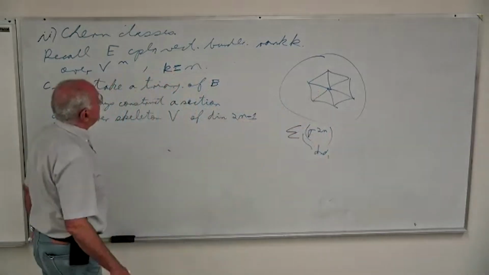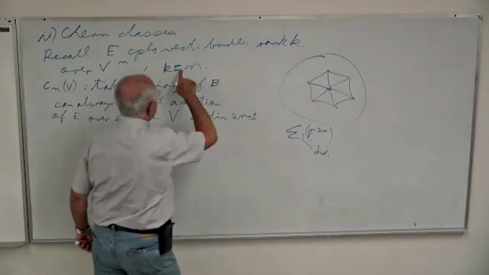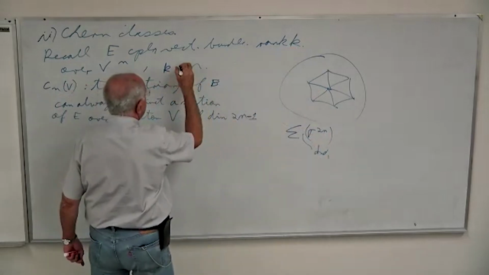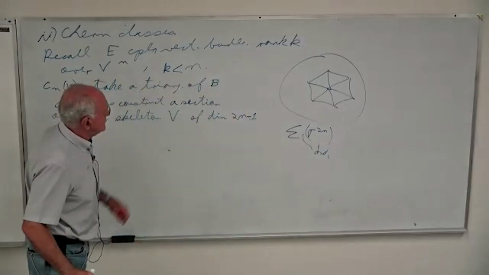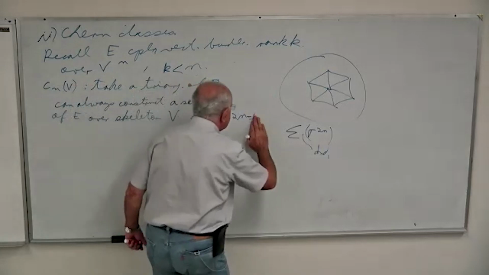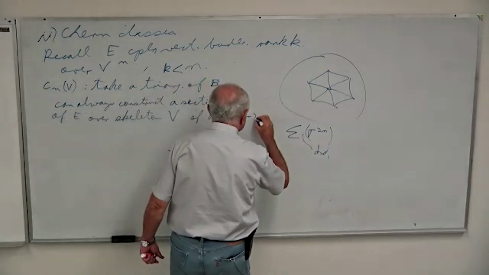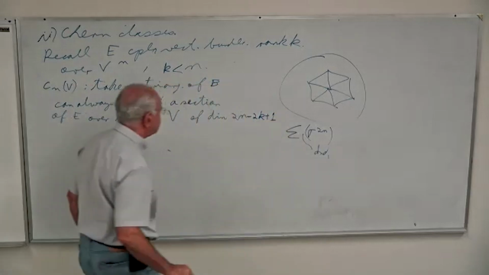Okay. Now, if k is less than n, then you can always do the same up to dimension 2n minus 2k plus 1. Let me check if this is correct.